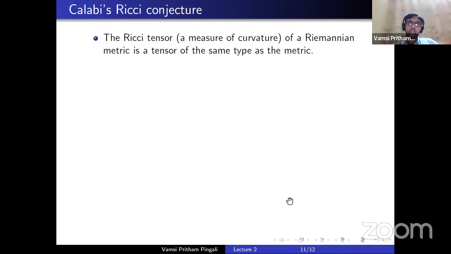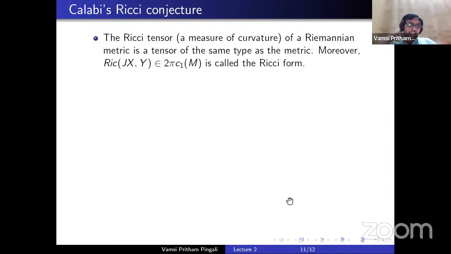And if you take a trace of the Riemann curvature tensor, you get the Ricci tensor. Now, this tensor is of the same type as the metric tensor. In other words, the metric tensor is locally some linear combination of dx tensor dy, roughly speaking, for a surface. The Ricci tensor is also roughly something tensor something else. It's a 2 tensor.